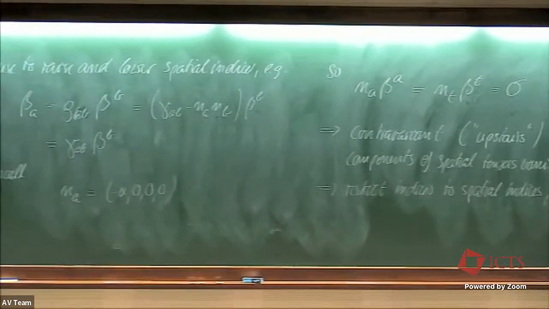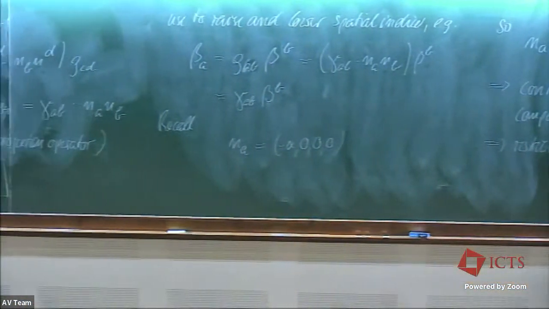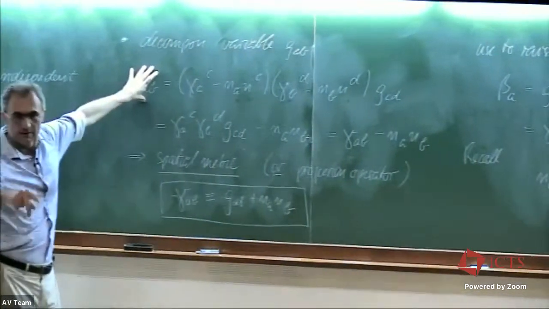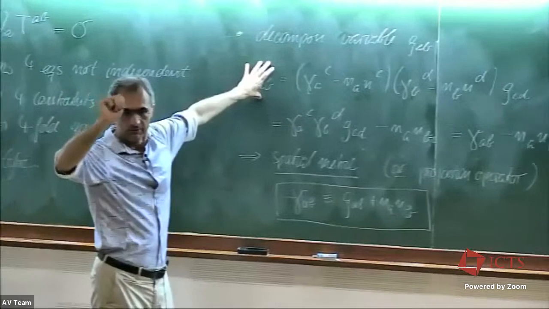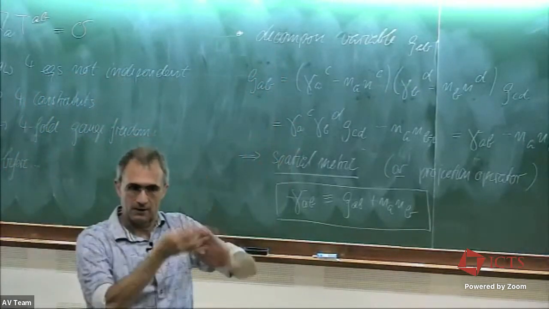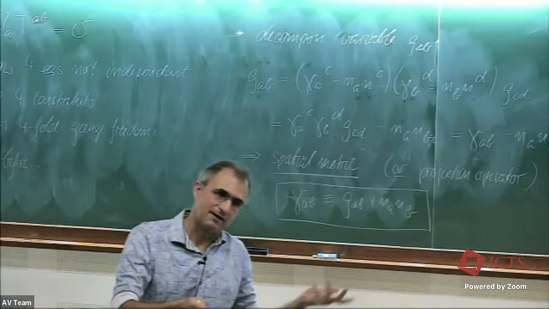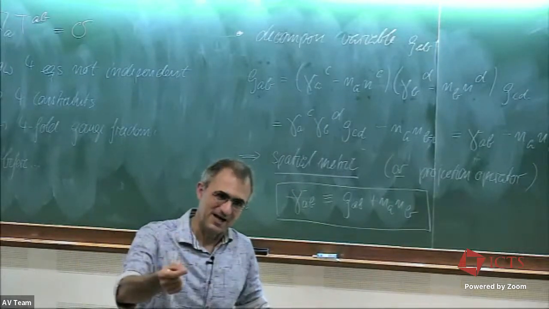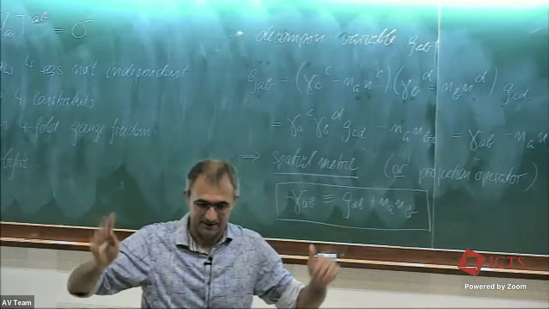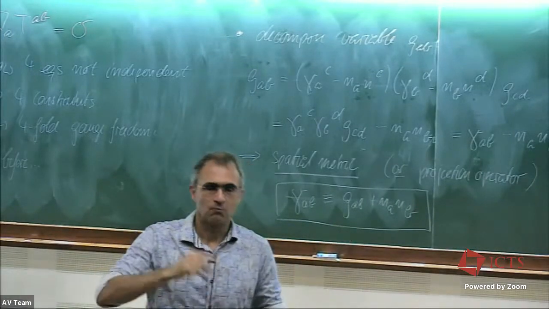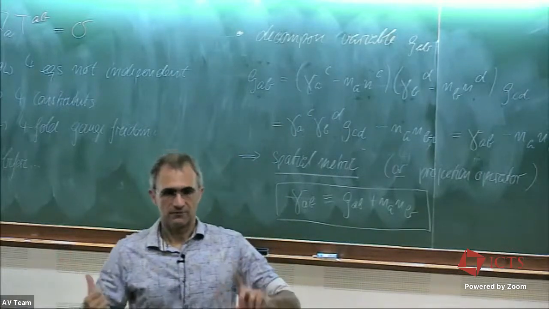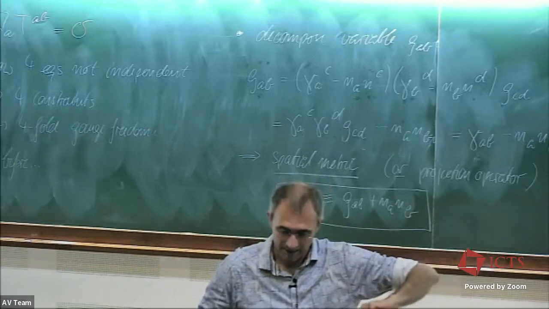And then you could say, okay, great. How many unknowns do we have? Well, our variable is GAB. By the same argument, there are 10 independent components of GAB. So you could say, great. Basically, we have 10 equations for 10 unknowns. We are done, right? Just like yesterday, we argued similarly in EM that there are 4 equations for 4 unknowns. And we thought, great, okay? Except yesterday, we realized that there's the electromagnetic equivalent of the Bianchi identity, which told us that actually one of the equations is not independent of the others.